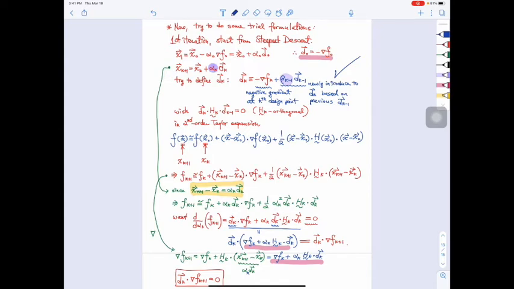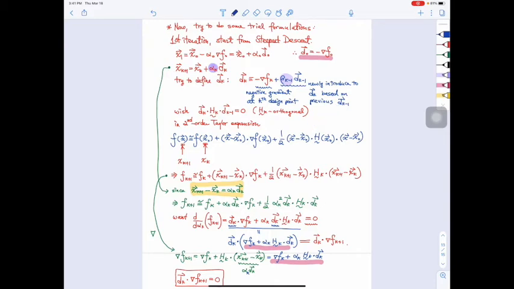This is something we define. Then we wish every d_k is H orthogonal to each other. So right now we are trying to achieve that.